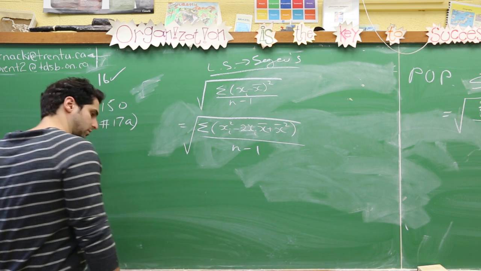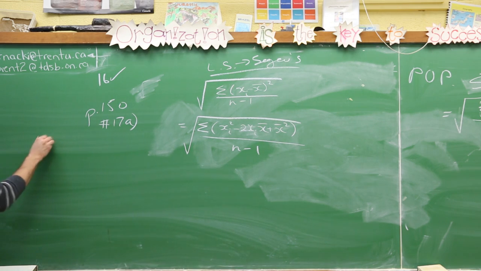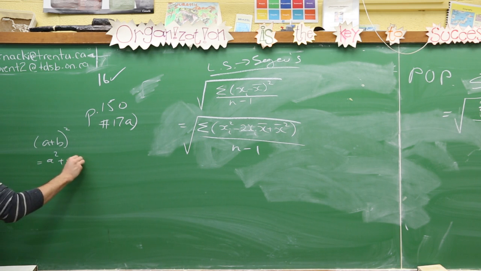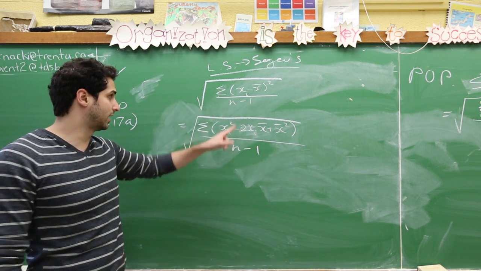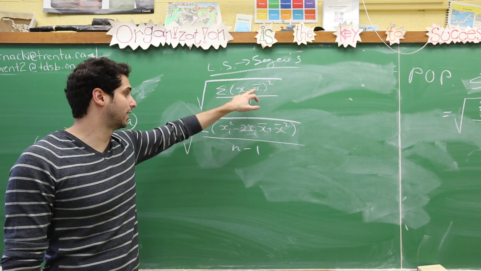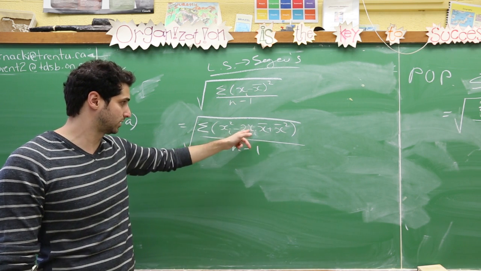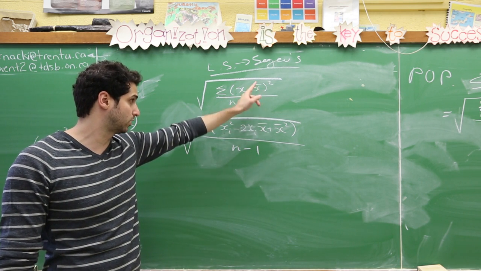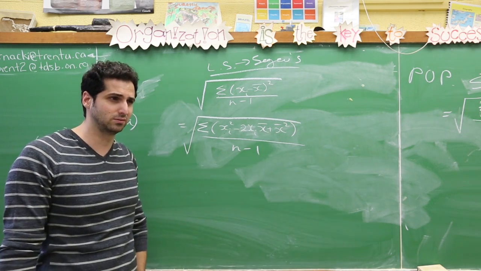So you just expanded it, the a plus b squared form. Exactly. The expansion of that is a squared plus 2ab plus b squared. So what is x_i? You have x_i squared, and then you have this times this is x_i x bar times 2, which is minus 2 x_i x bar, and then you add to that the square of the x bar. You guys see that? Yes.